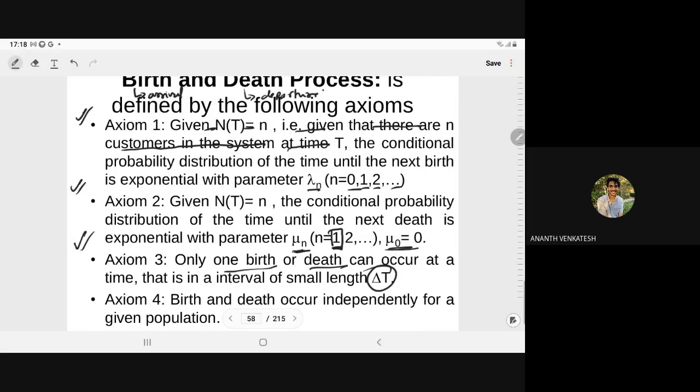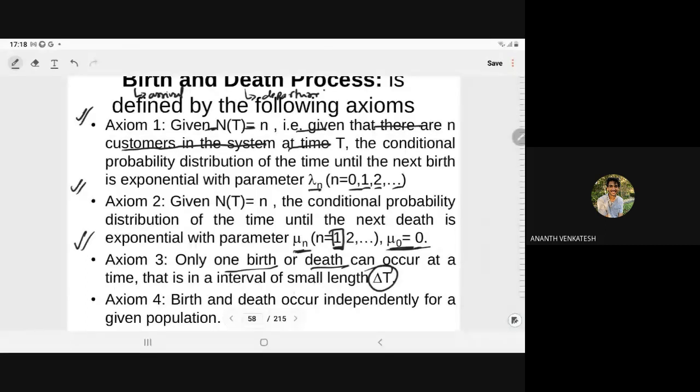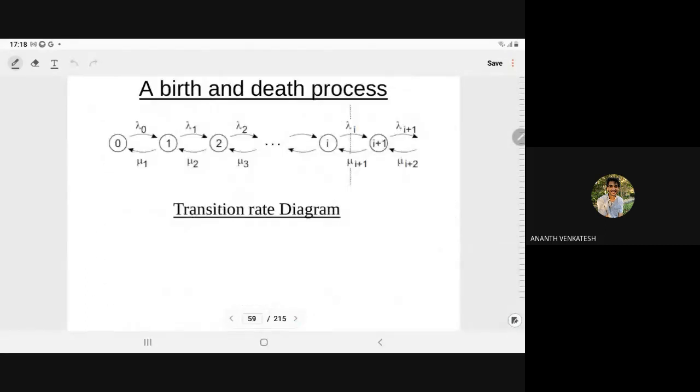That's why here we are taking mu naught as 0. Clear this part? So this type of diagram is known as the transition rate diagram, or state transition diagram. We call it a state transition diagram also.